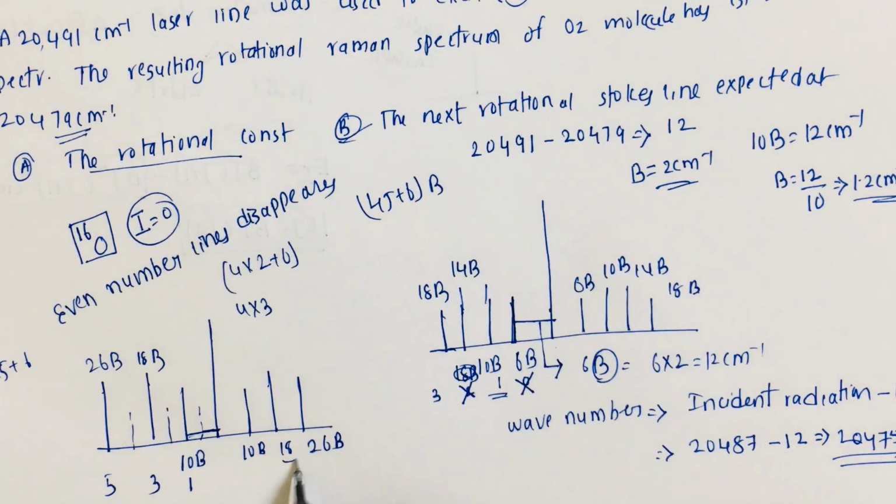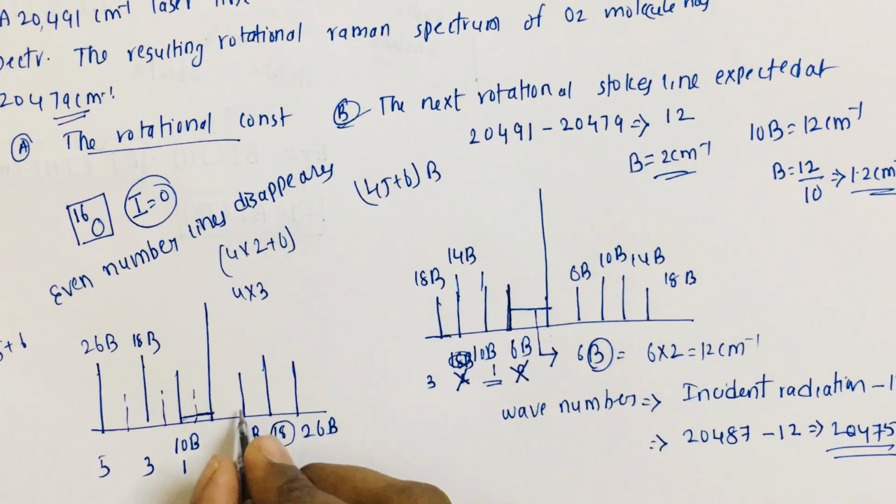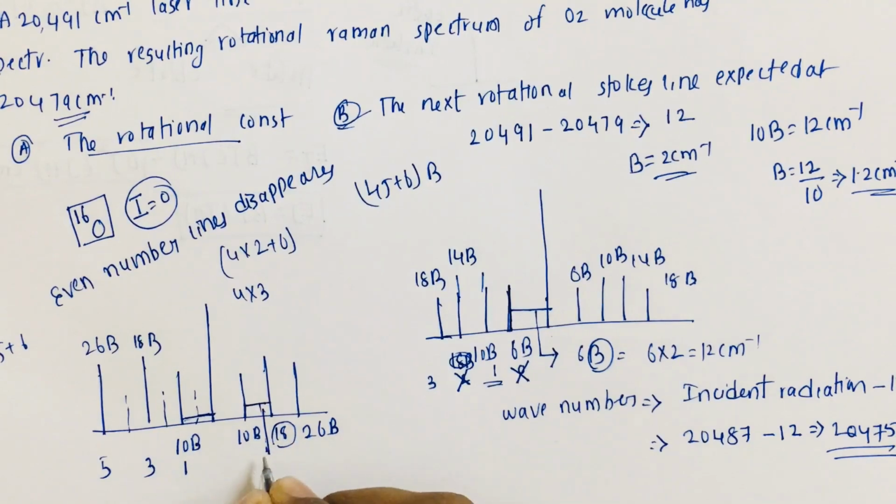The next rotational Stokes line means 18B. So what is the energy difference here? Here the energy difference is 8B, right?